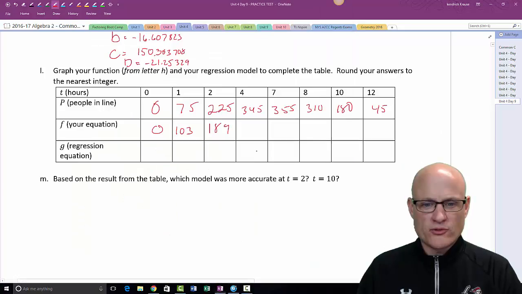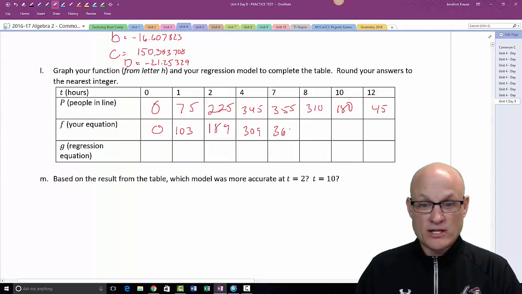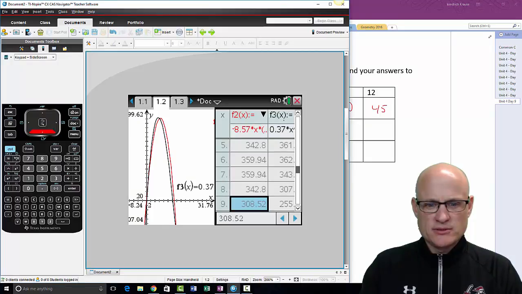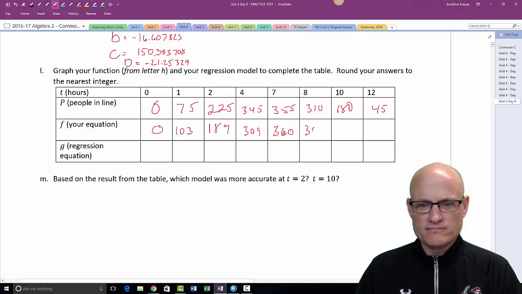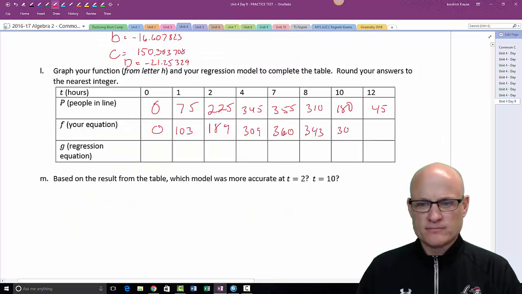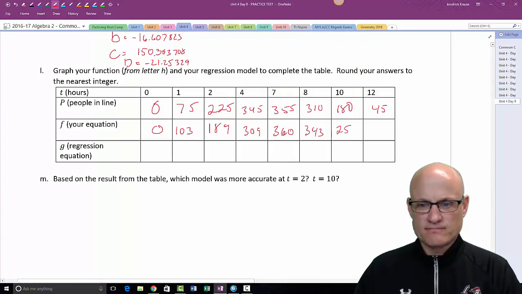And 4 was 309. And 7, 360. Wow, that's pretty good. 8 was 343. 9 was 309. Oops, 10. 10 and 12. 10 was 257. And 12 was 103. So not great.